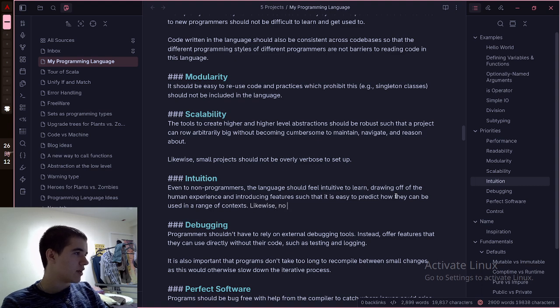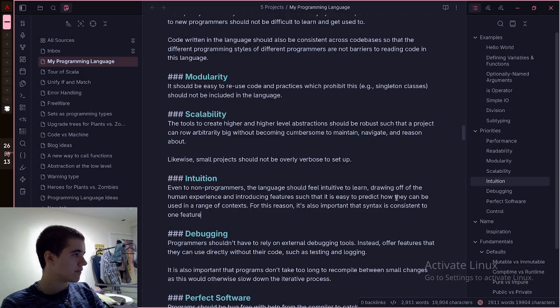Likewise, for this reason, it's also important that syntax is consistent: one syntax is consistent to one feature.